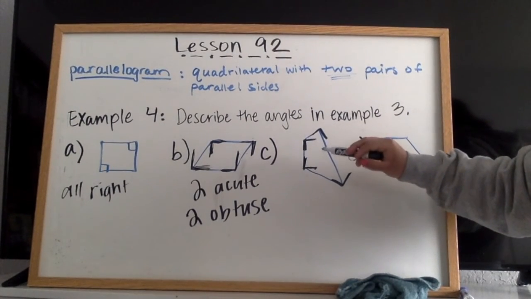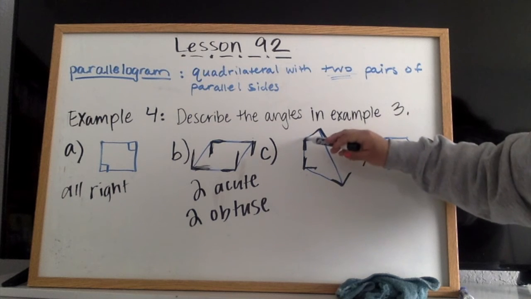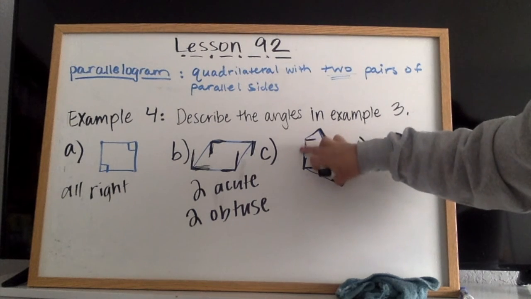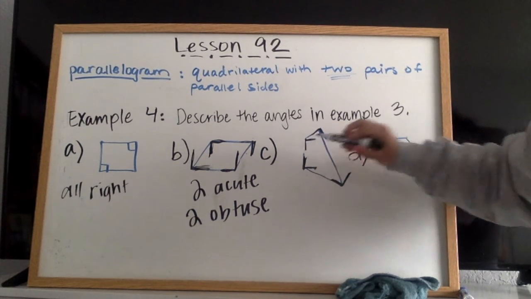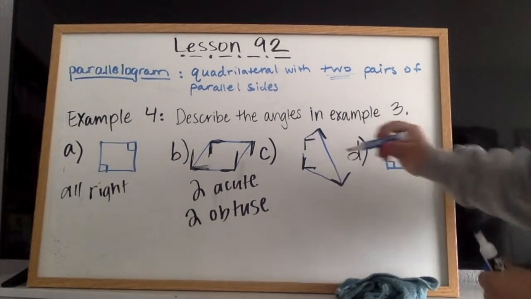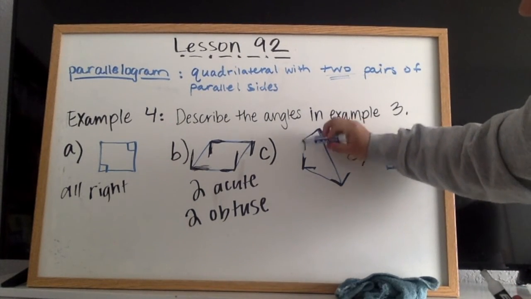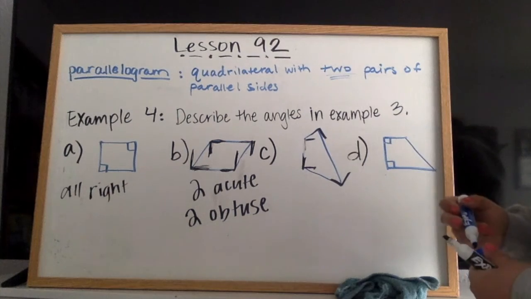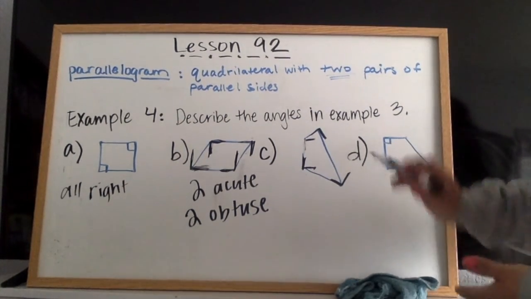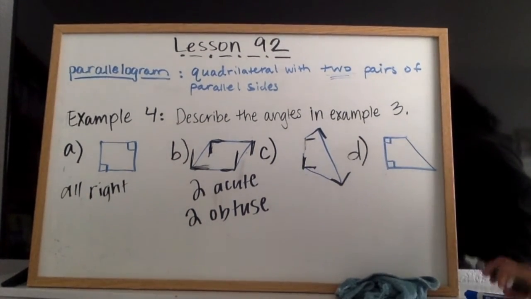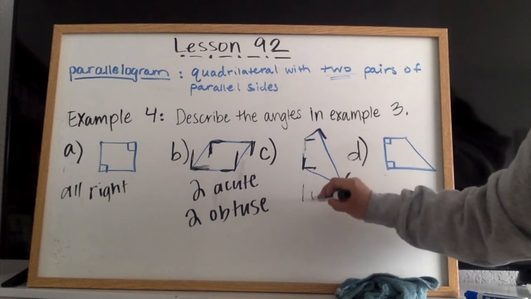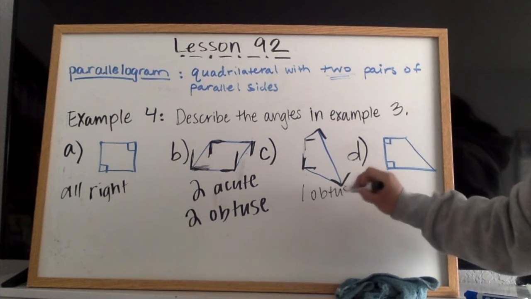So this one right here, it was really close to being a right angle, but if you were to look closely, that blue line was a little bit outside of it. So that's one obtuse so far.